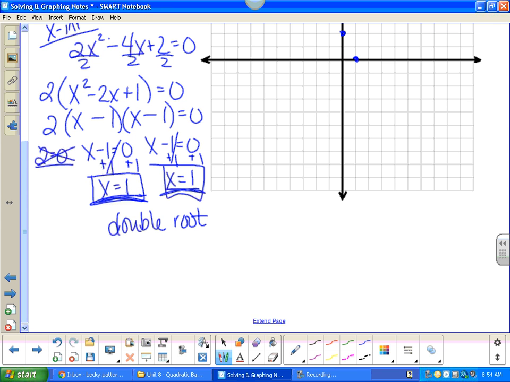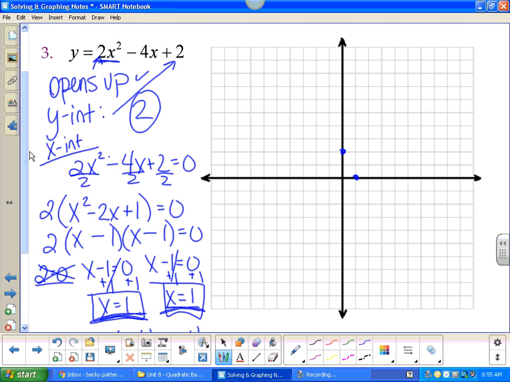And when you get a double root, your parabola does not go through it. It bounces on it and comes back up. So it's going to come down, hit that point, and bounce back up. And that way, that's the only place that it crosses the x-axis.